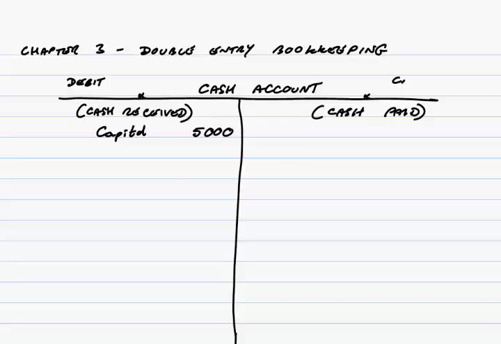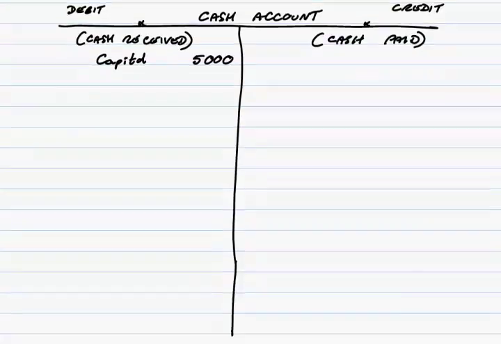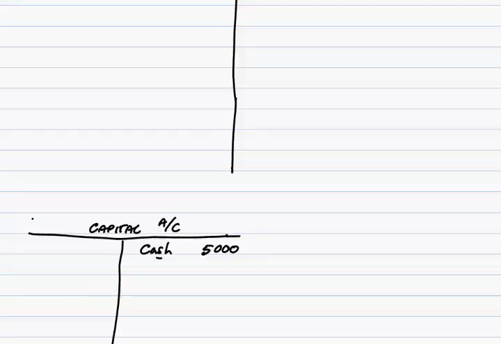The right-hand page, the credit page. It comes from the Latin, and although strictly the words mean different things, effectively, for our purposes, debit means left, credit means right.